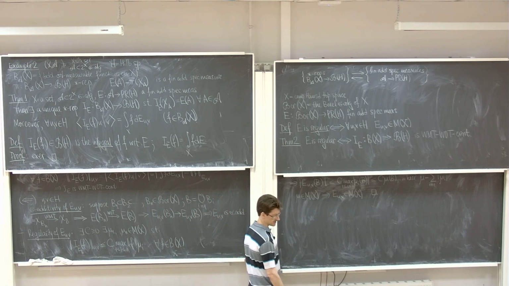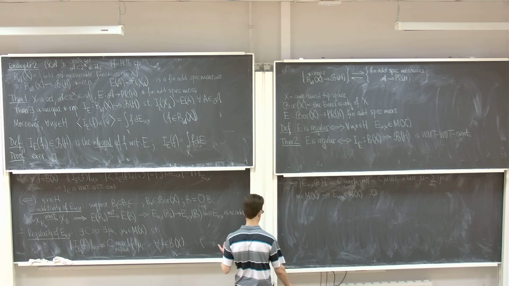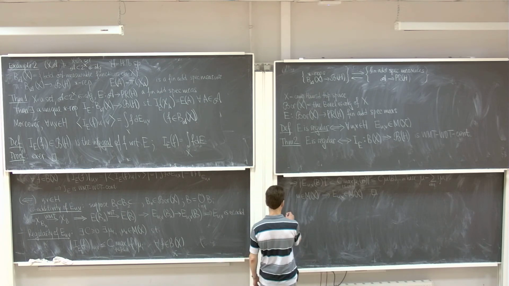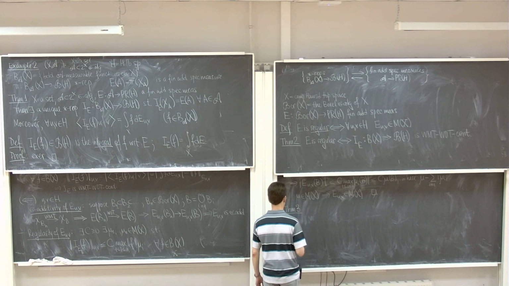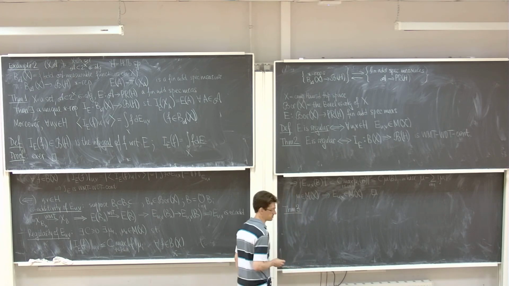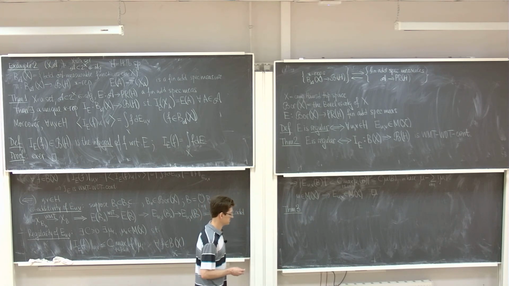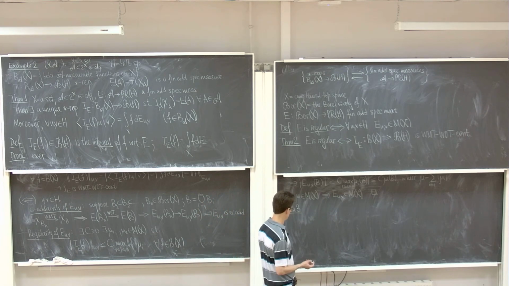So now, as a last step, we just combine our results. Namely, we combine Theorem 1 and Theorem 2. And we get the following important result, Theorem 3, which describes representations of the algebra of continuous functions in terms of spectral measures.